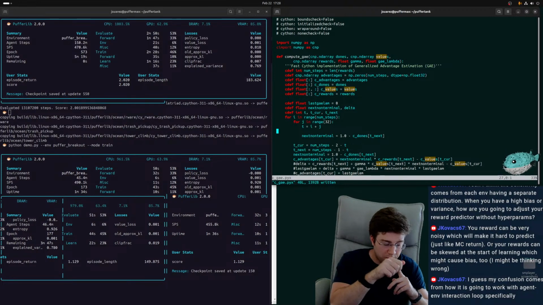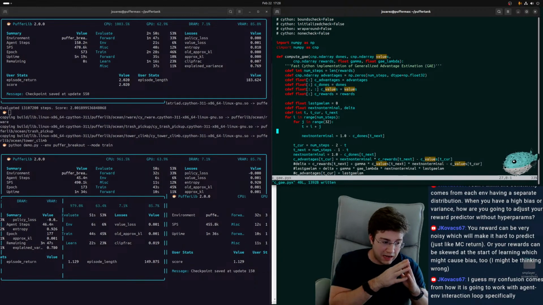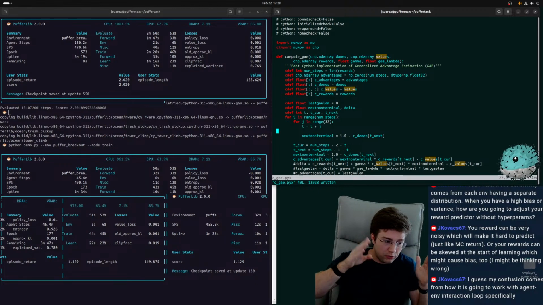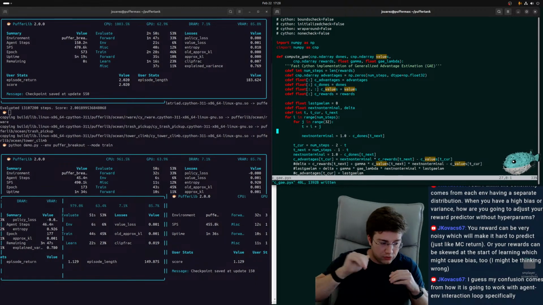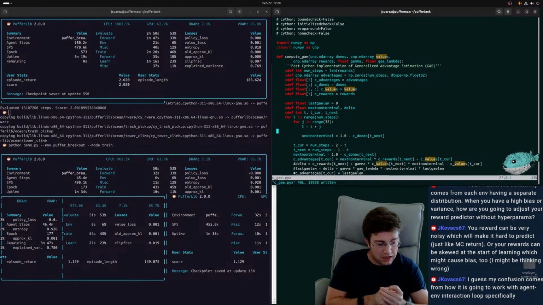The value being trained to predict the exponentially decaying sum. Now, instead, you're training a value head that has 32 outputs to predict the reward at each of the next 32 steps. So the algorithm is almost the same. It's just that you're predicting 32 separate rewards instead of predicting an exponentially decayed sum.